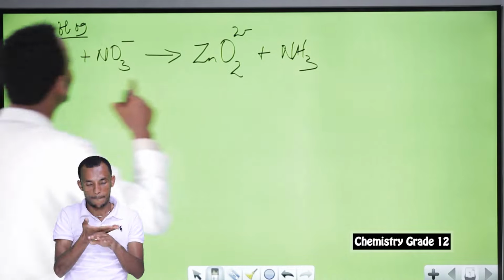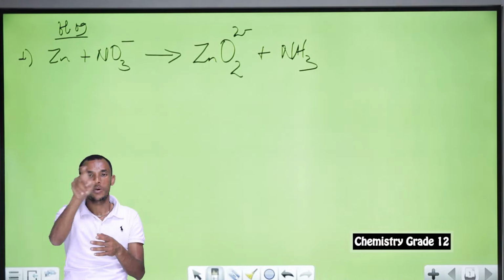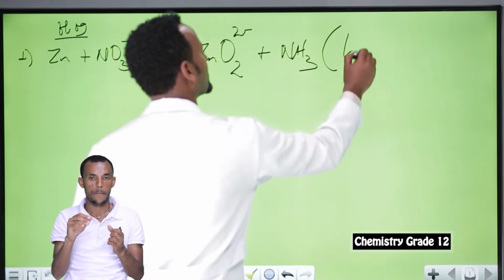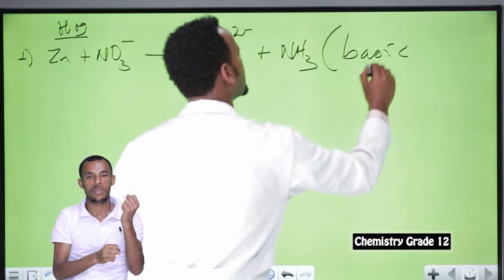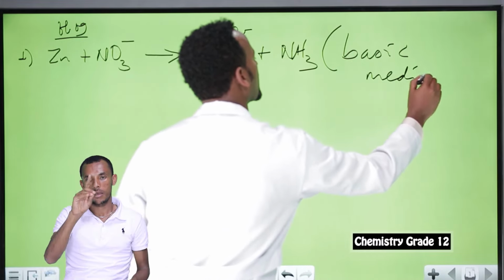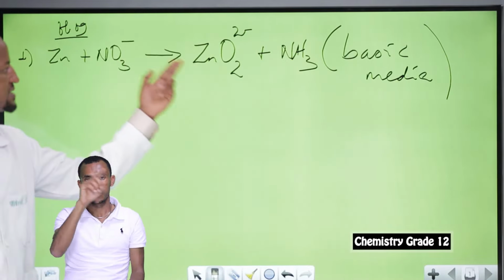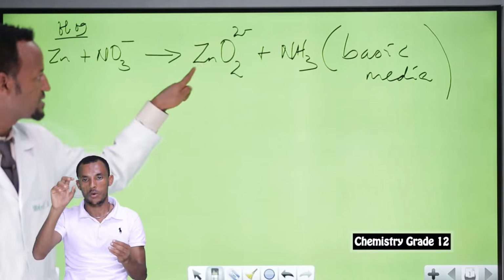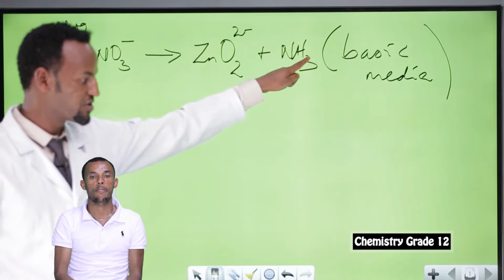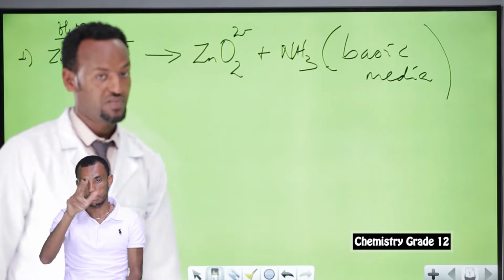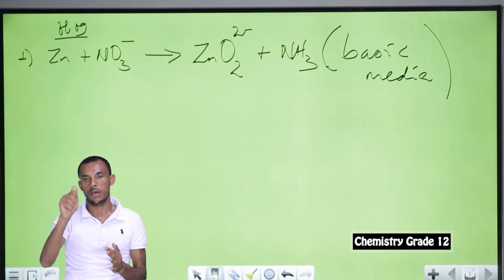Please students, try this question in basic media. In basic media, zinc plus NO3 minus gives ZnO2 2 minus plus NH3, you know, ammonia. In basic media, this one is to try.